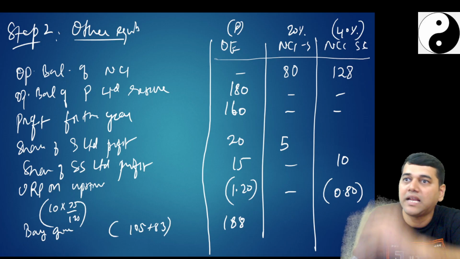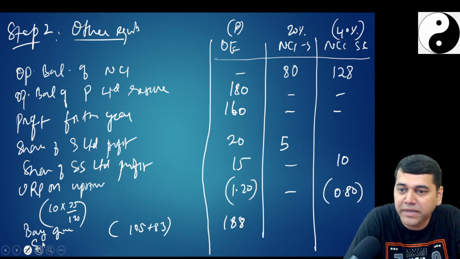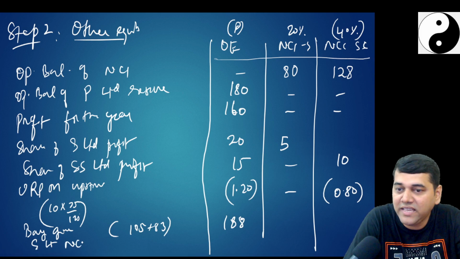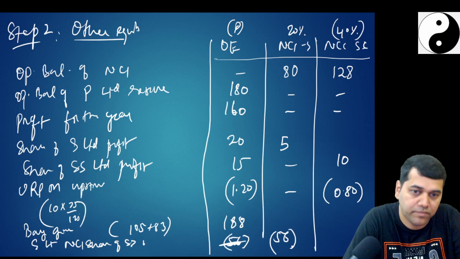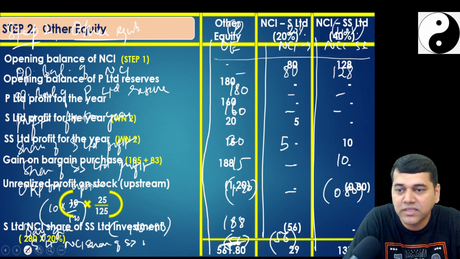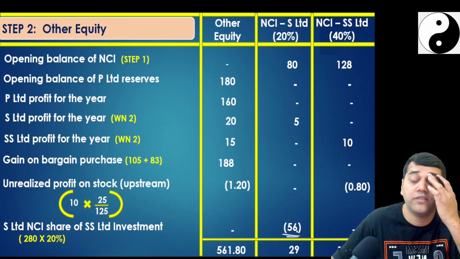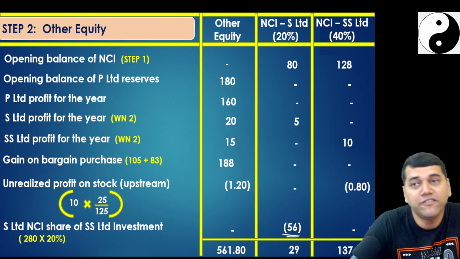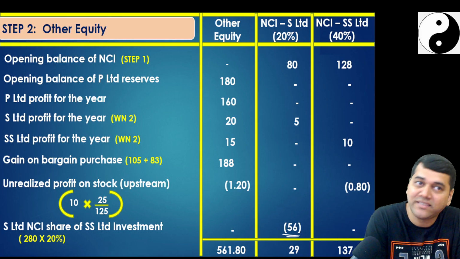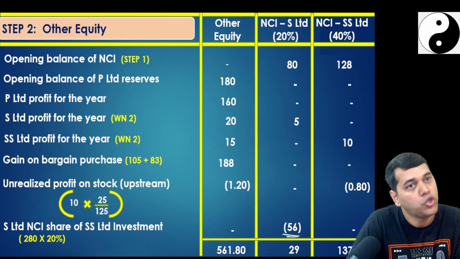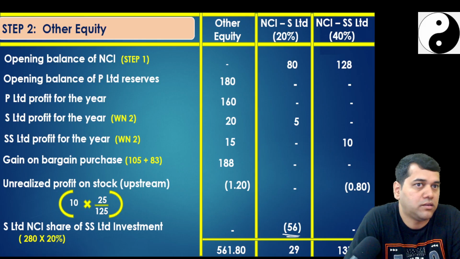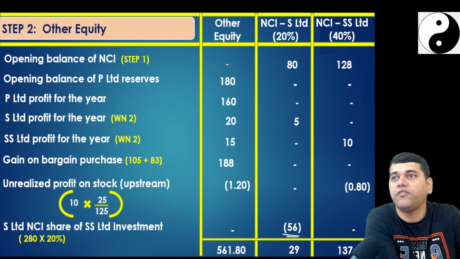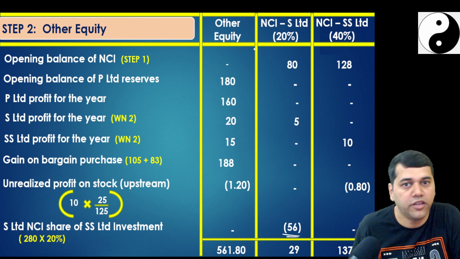Do one thing: reduce from the liability side of the balance sheet. You write S Limited, last one, NCI share of SS Limited. How much? 56. You have to reduce that from the NCI of SS. See, when you don't show the investment of S Limited in SS to the extent of 20%, don't show their NCI also. If you tell that 100% of 80% is my investment, NCI also should be shown 100%.